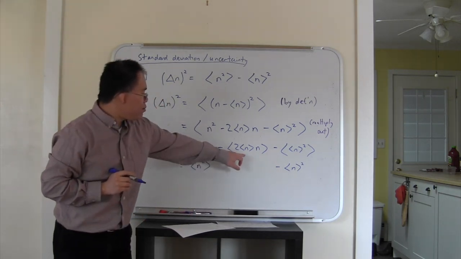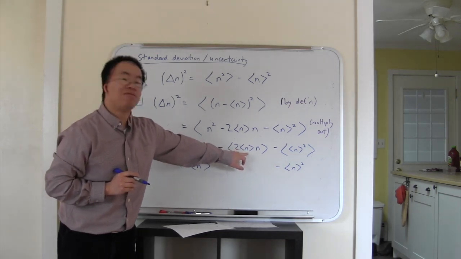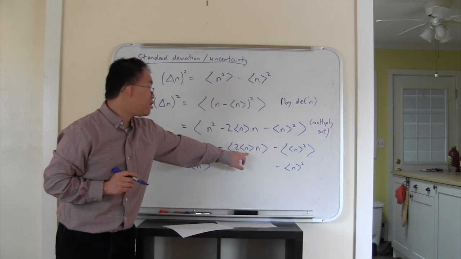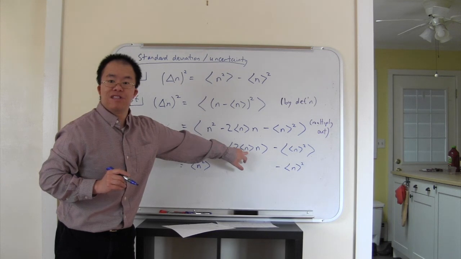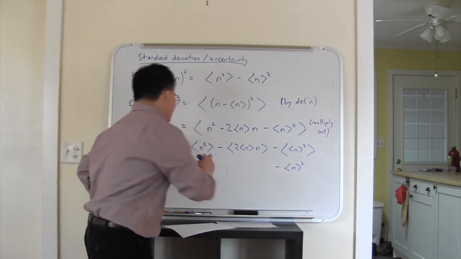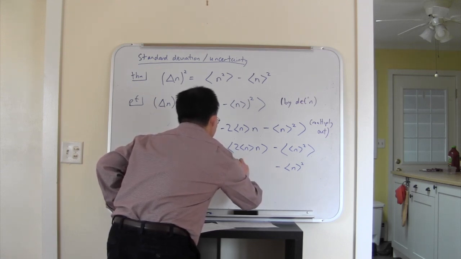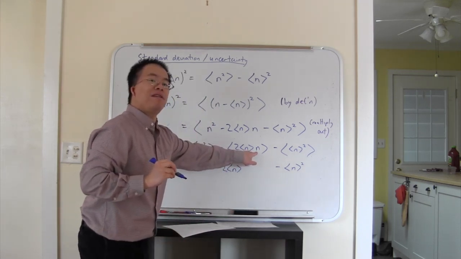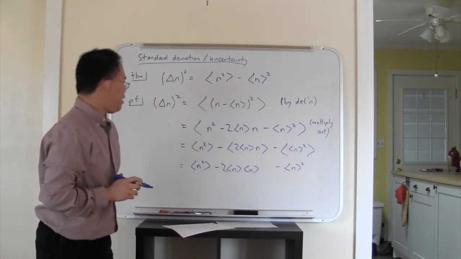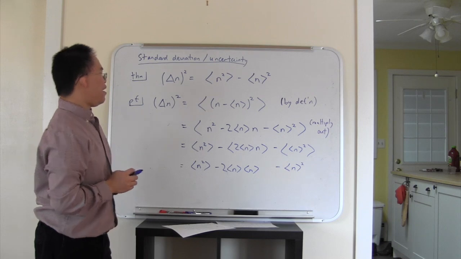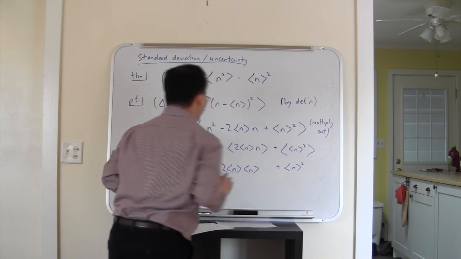But now with this term, notice that 2 is a constant. Also, as we argued before, the average value of n is also a constant. If it's plausible that I'm allowed to factor these constants out, then I get minus 2 average value of n pulled out, and then all I'm left with is the average value of n. Whoops, I made a sign error. There should be a plus over here.